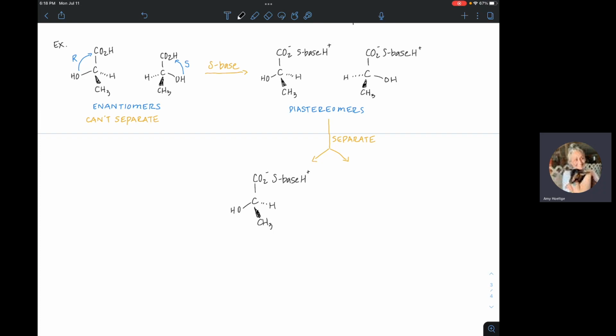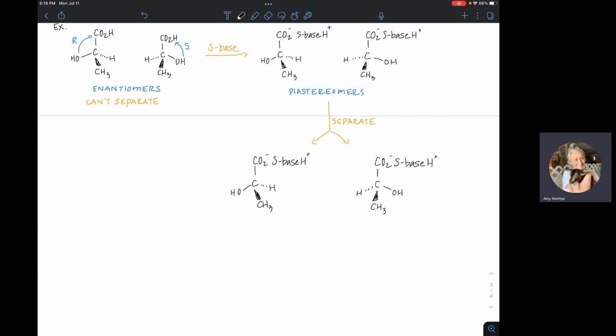These are separated now. Just redrawing them. S base, H plus. So what I have here, right, is a salt.